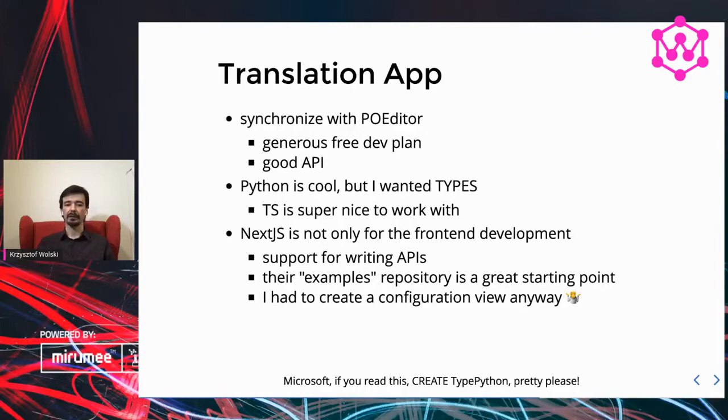And since there will be a configuration view, I need some front-end framework. But I wanted to play around with Next.js, which is not only for the front-end, but also supports reading APIs and server-side code. And I really like their examples repository. It's a great starting point to just integrate Next.js with any CMS, any service you like.